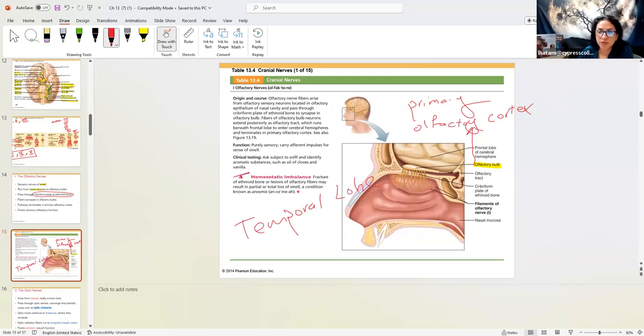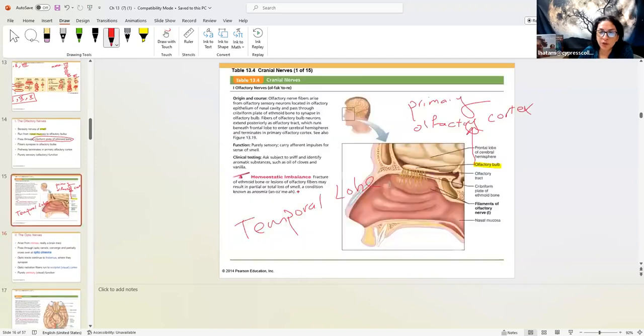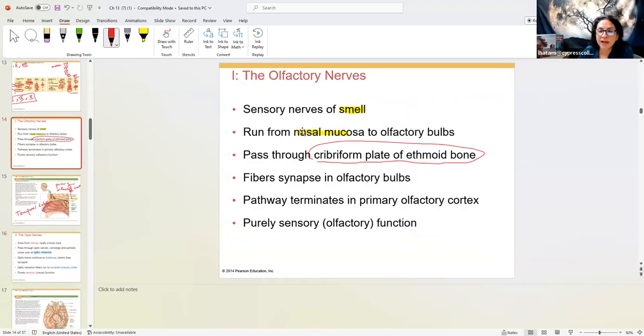Okay, so one more time, if you want to follow the olfactory nerve, you should start from the nasal cavity, as we have receptors in the nasal mucosa. These axons from the nasal mucosa pass through the cribriform plate of the ethmoid bone and then enter the brain.